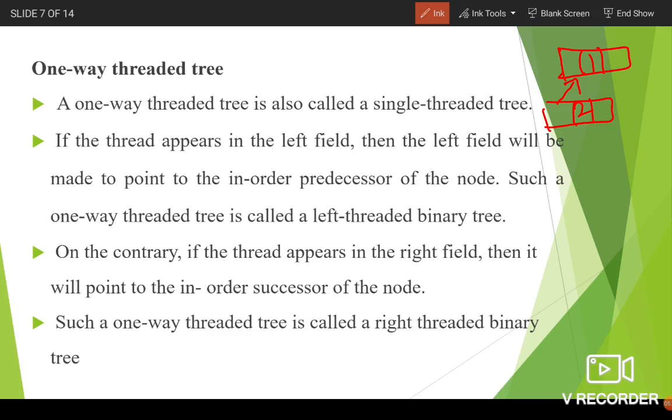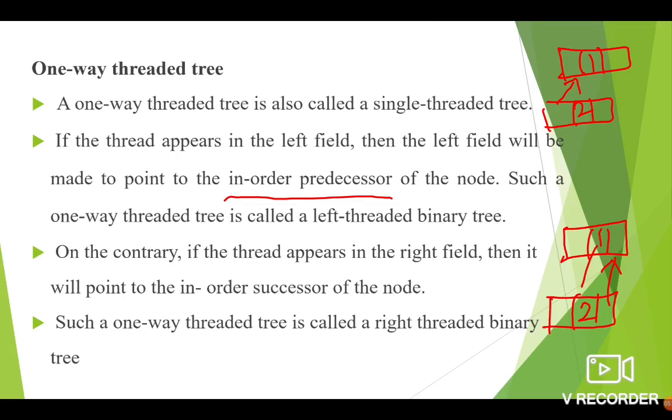That is, it contains a pointer to the in-order predecessor. Sometimes a thread may appear in the right field also. That is like this. If it does, then that type of tree is called a right-threaded binary tree. That is, it contains a pointer to the in-order successor of the node.